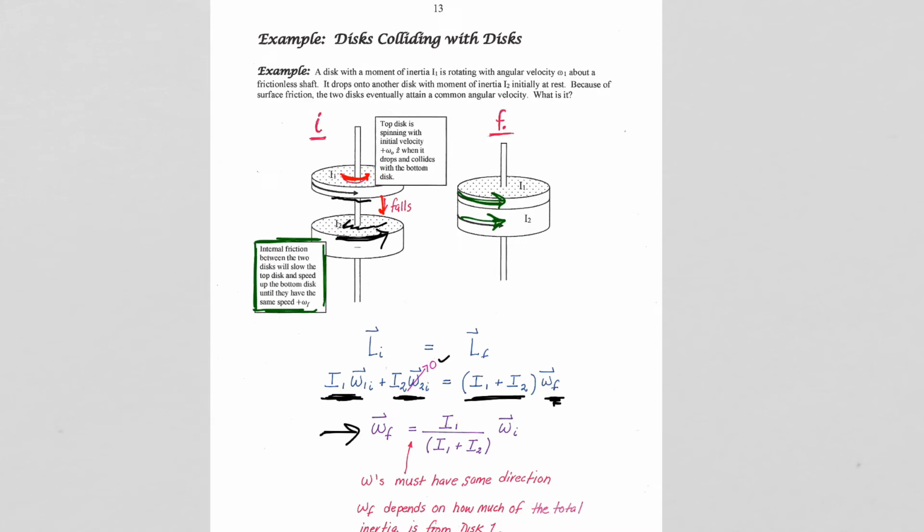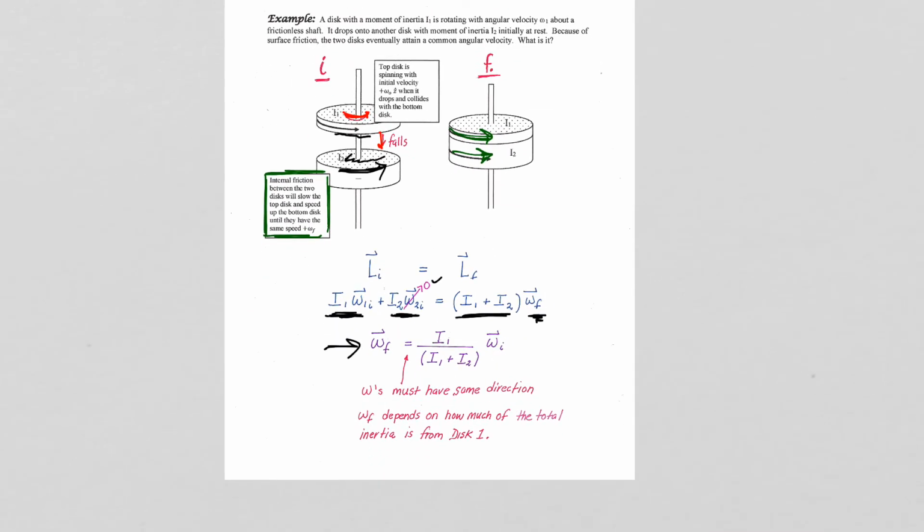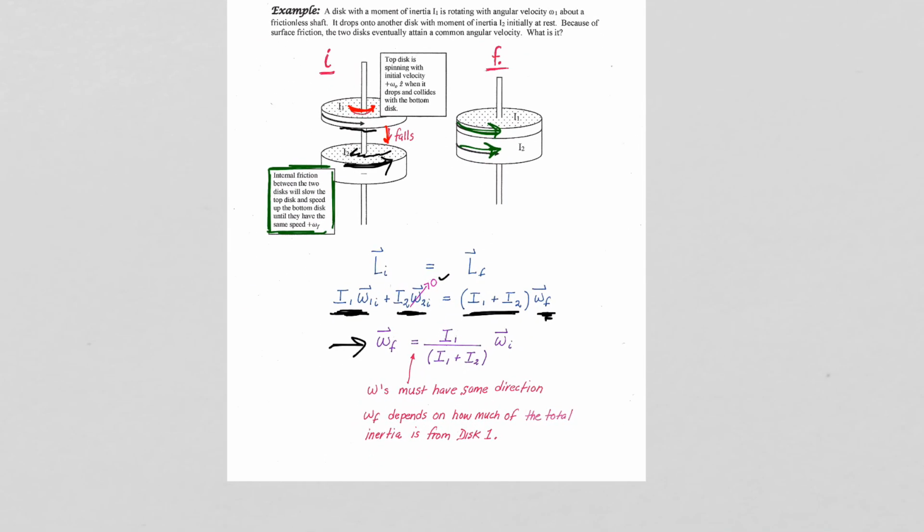And typical conceptual questions for this type of system or this type of dynamic might be about the omegas. So again, in this case, the bottom one was at rest, so the vector direction of the initial momentum has to be the same as the vector direction of the final momentum, and since all of the initial momentum was with the top disk, we know that they have to have the same direction.